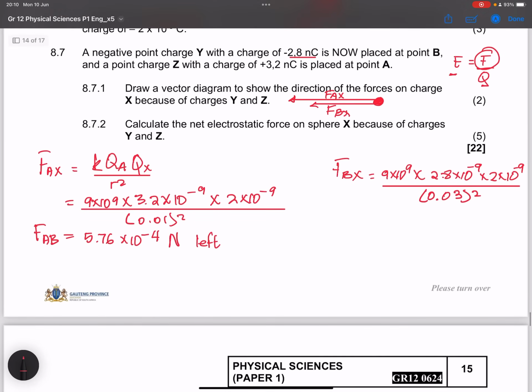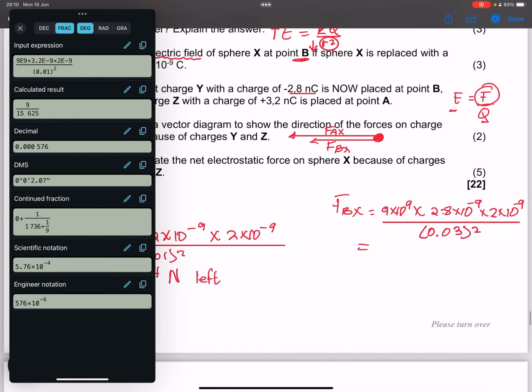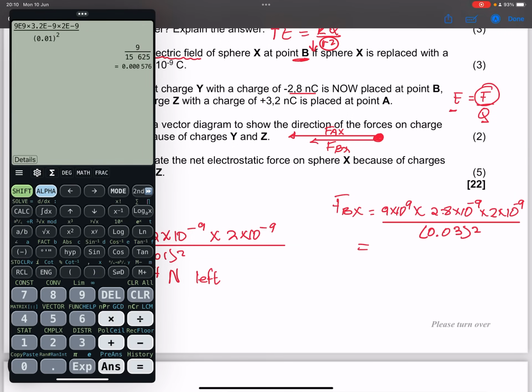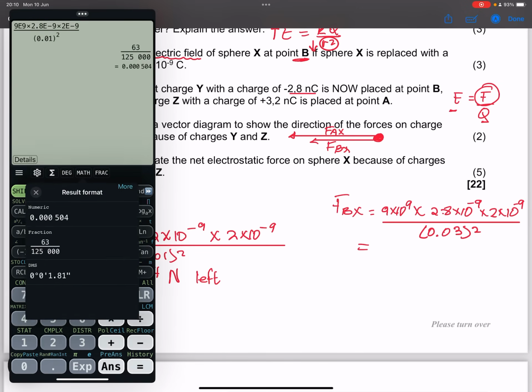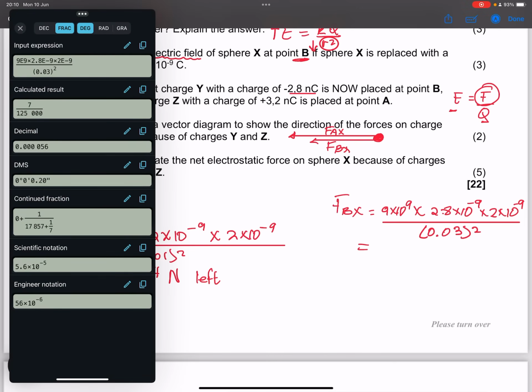Right, so in this case, we get another value. Okay, let's try and calculate that quickly. I'm just going to change a few values at the top. Okay, so that's 2.8. And remember the distance between B and X is 0.03. Right, so again, let's find that in scientific form.